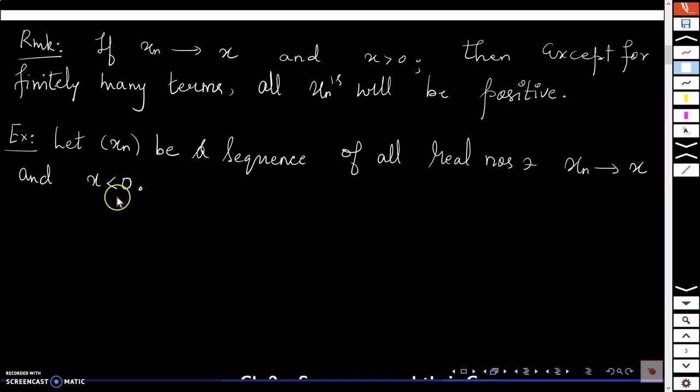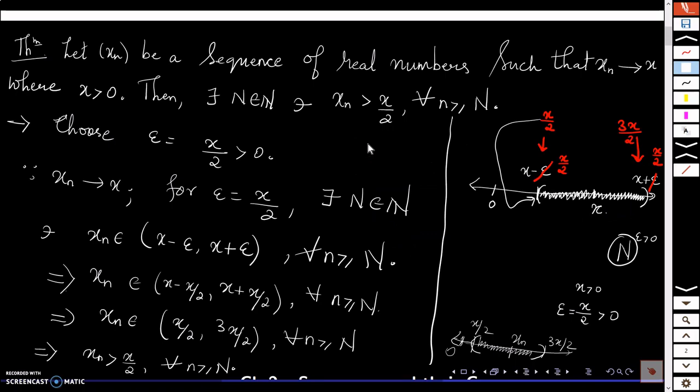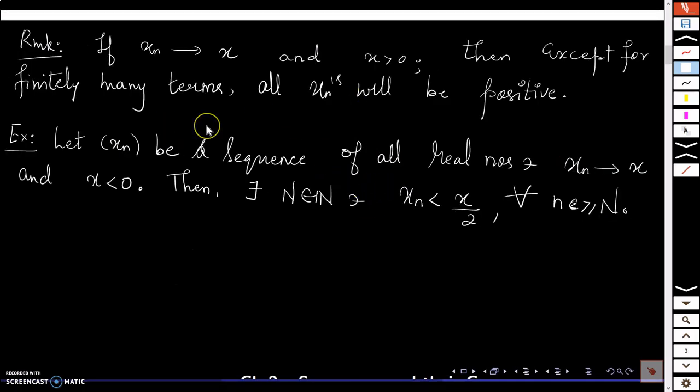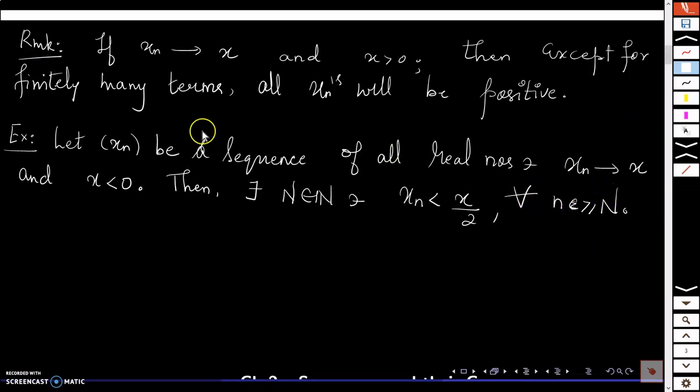Then there exists a natural number N such that xn is less than x by 2 after a certain stage. This result is analogous to the previous result that I proved, and I want you all to think over this one. So first look at it geometrically, what happens, and then you try to prove it rigorously. So this I will leave as an exercise, and I expect you all to do this.